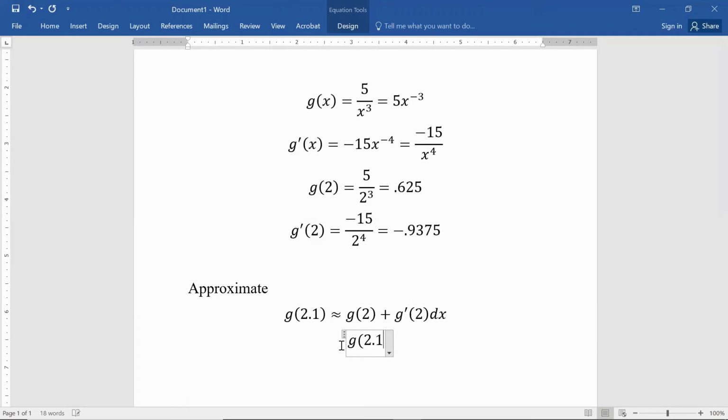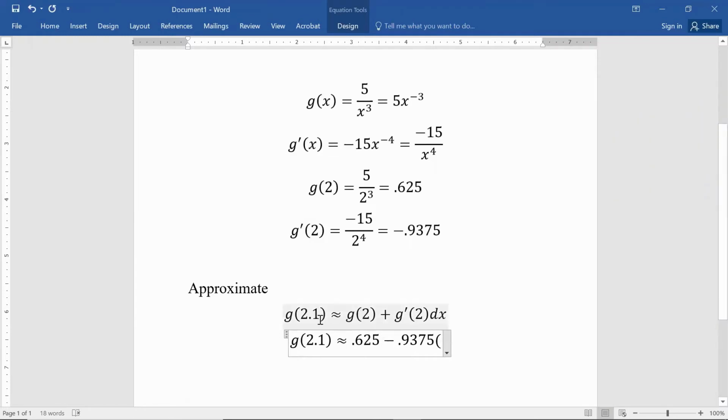So g of 2.1 is approximately equal to 0.625 plus negative 0.9375 multiplied times the change in x.